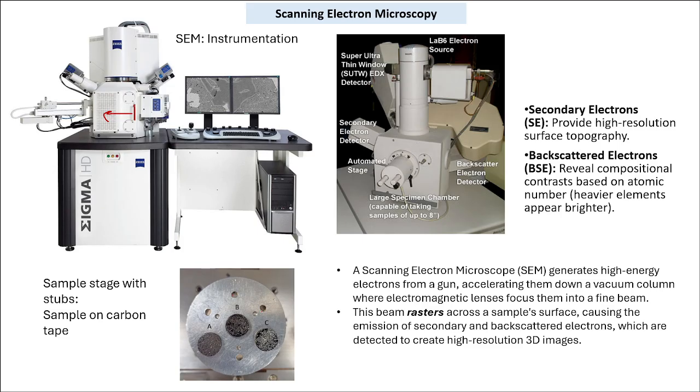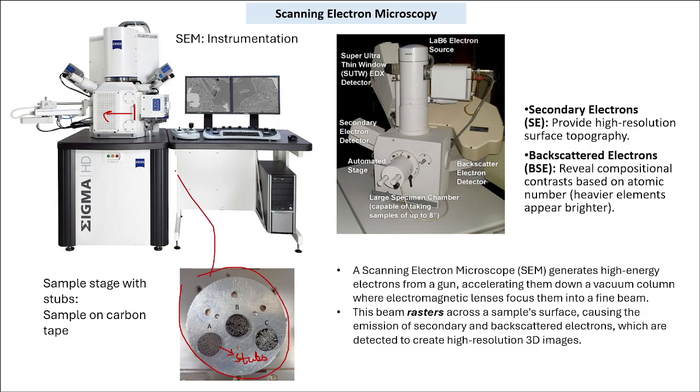These holes that you see and these rounded stages, we call them stubs. In most cases you can put a maximum of 9 of these stubs, and on these stubs you put the carbon tape, and after putting the carbon tape you can put your powdered sample, a little amount of it.